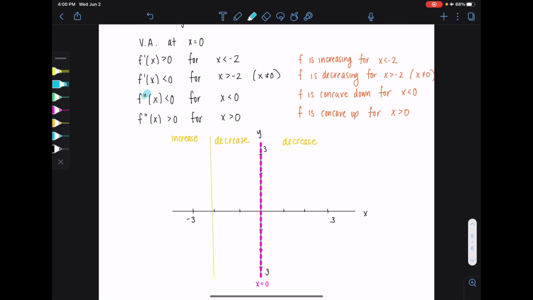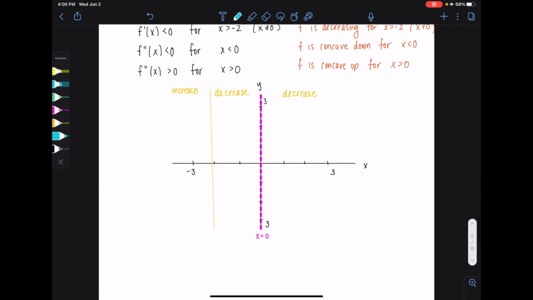Now these last two tell us concavity. So on this half, my graph should be concave down. On this half, my graph should be concave up. So I need a picture that satisfies all of these things.